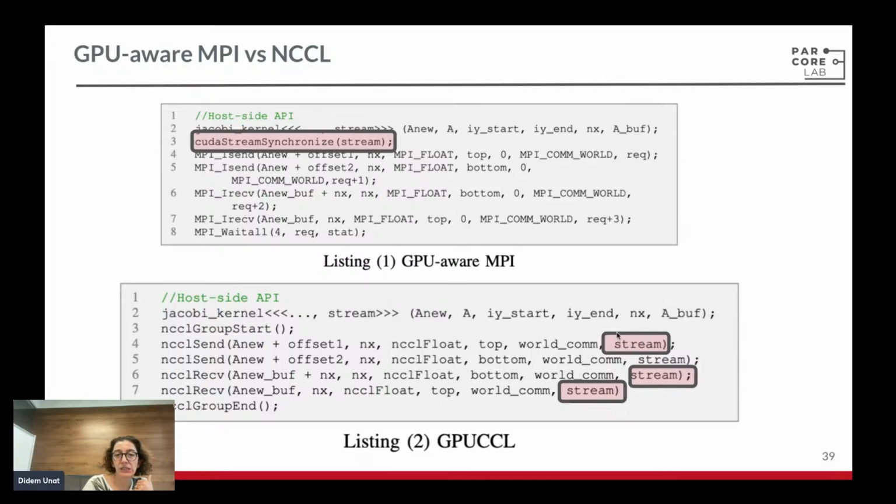So this is put in the stream, and then another one, which means they will execute in this order. But in MPI, there is no such thing. These are all asynchronous sends and receives. So before you do that, you have to call cudaStreamSynchronize to synchronize operations in a stream. So there's additional synchronization required for MPI. There was a question earlier about the synchronization, and this is where we discussed it.